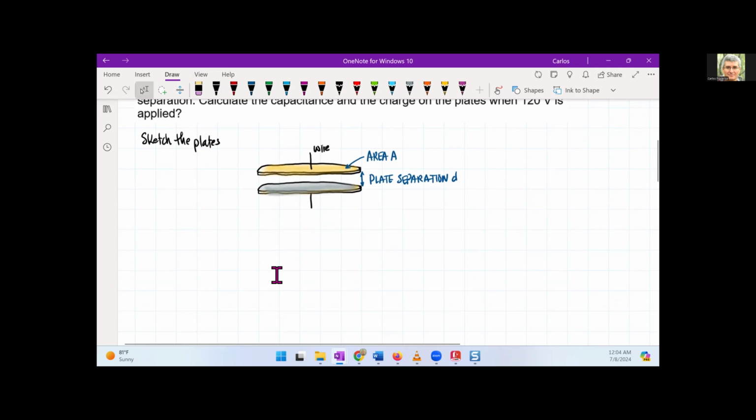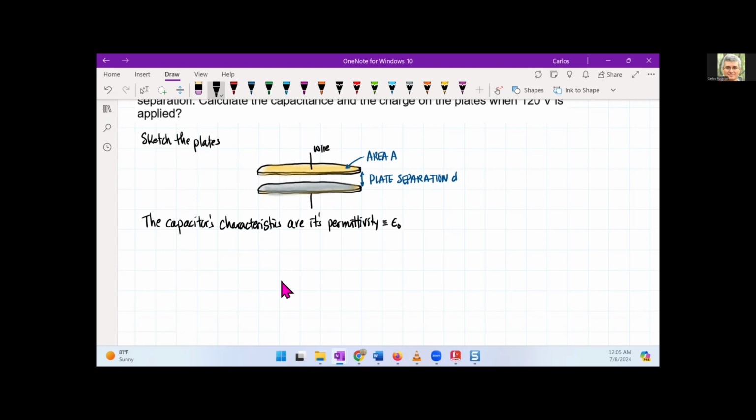So what are the characteristics of the capacitor? The capacitor's characteristics are its permittivity, and we're using that of air, and its geometry, which is the area and plate separation.